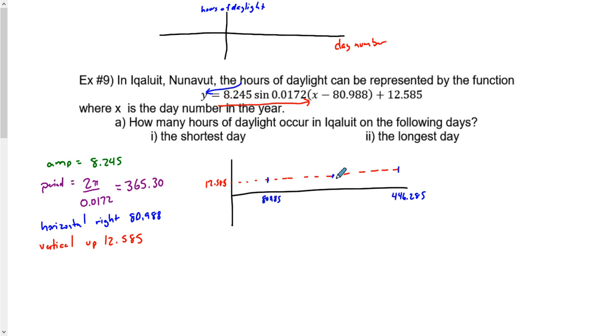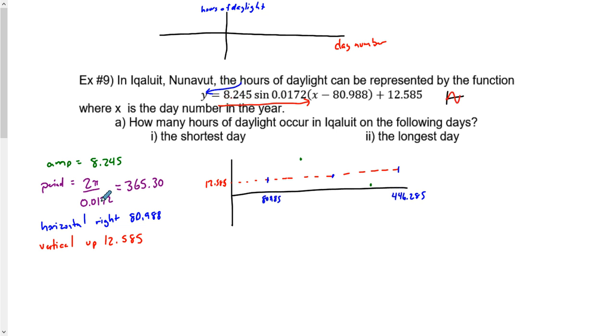Halfway in between, we're going to have our middle, because a sine graph starts in the middle, goes up, down, and back, but our midline has changed. Our highest point is going to occur here, and its lowest point is going to occur right here. Why did I put it right there?